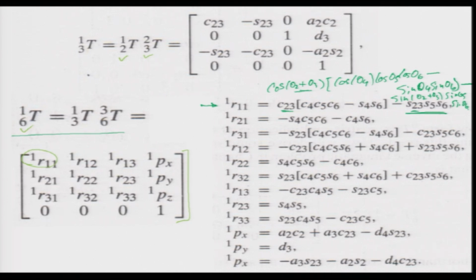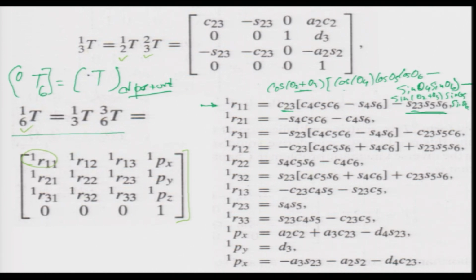What I mean is, if I multiply and get 0 to 6 here, this is my desired position plus orientation matrix for doing the inverse kinematics. This is a 4 by 4 matrix, this is also 4 by 4, but if I take term by term and try and solve, it will become extremely difficult, or you will not be able to solve.